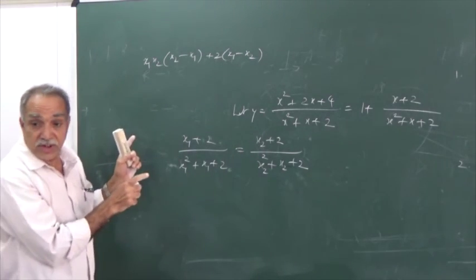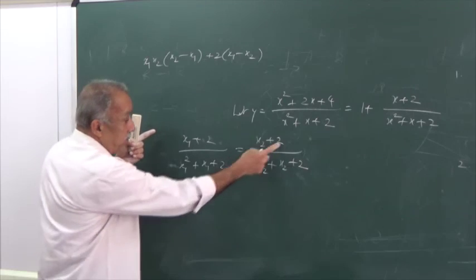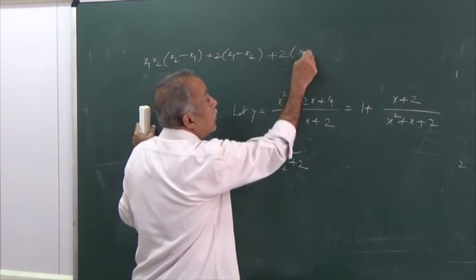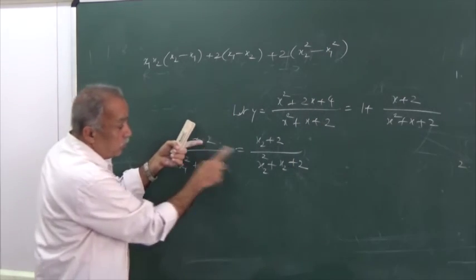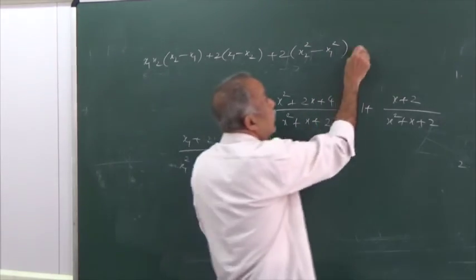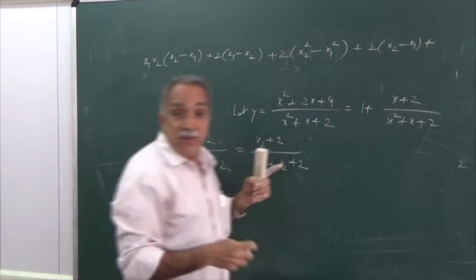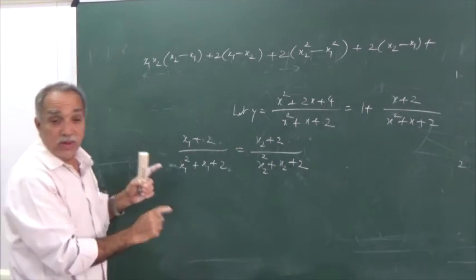The x1 part is finished, I think. Now 2x2² − 2x1². Then 2x2 − 2x1. If I go wrong anywhere, please correct me. 2 into 2, 4 minus 4, cancel.